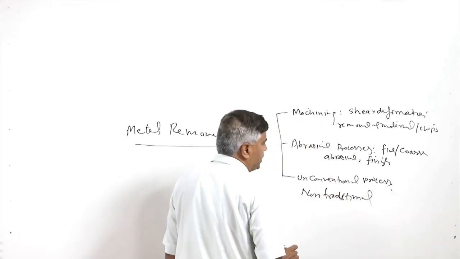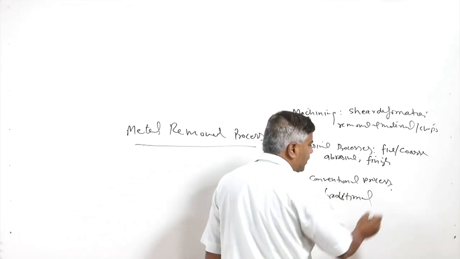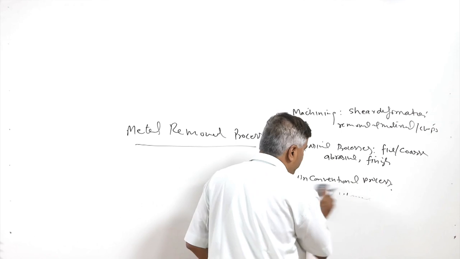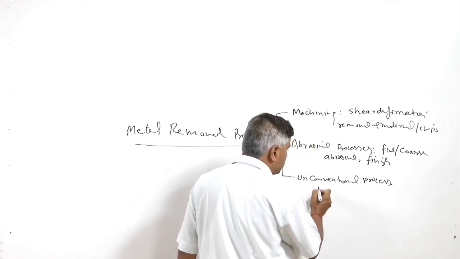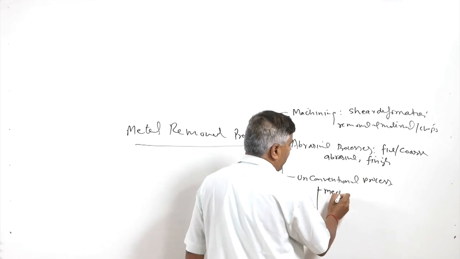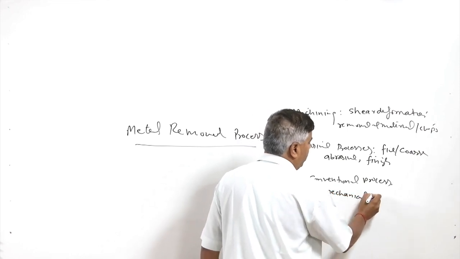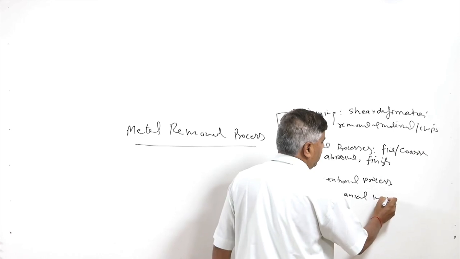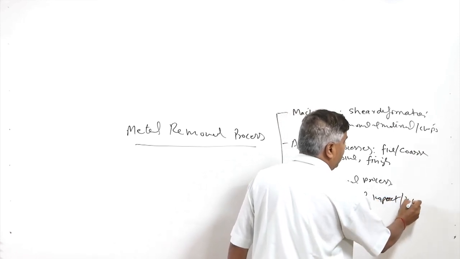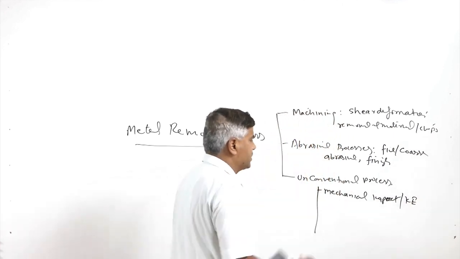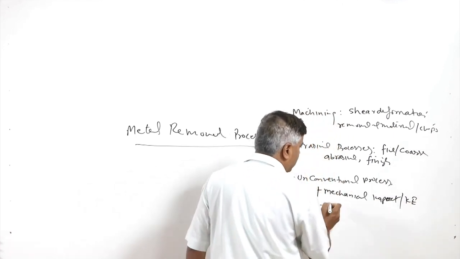Then in non-traditional processes, there are a number of ways by which material can be removed, which use energy in various forms, like mechanical energy in the form of impact, or kinetic energy, where high velocity particles are directed onto the surface.